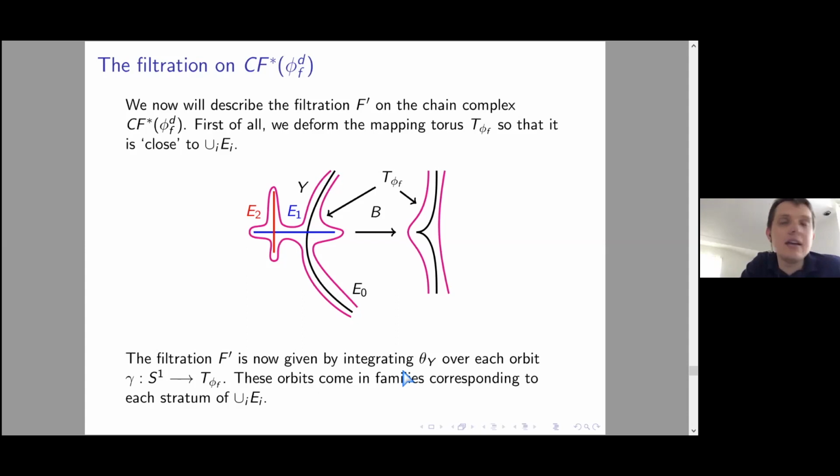Again, these orbits come in families corresponding to the strata, and the key point is the families are very similar. Both the families coming from the contact locus and the families coming from these Reeb orbits are the same.